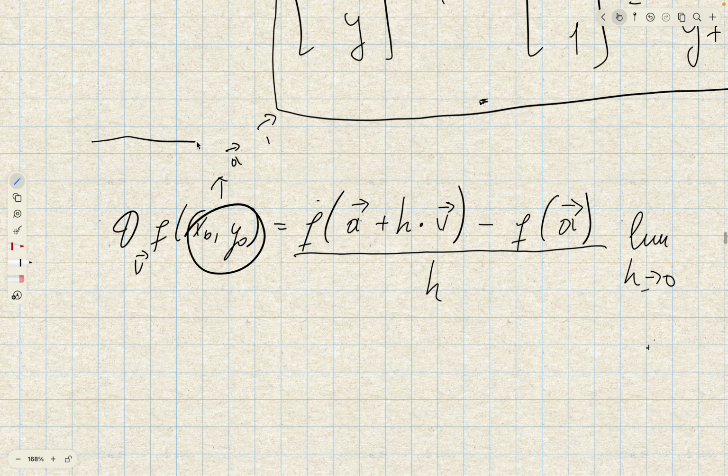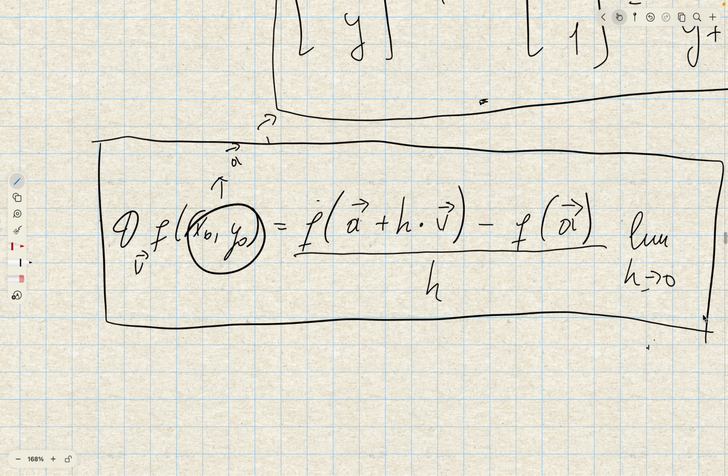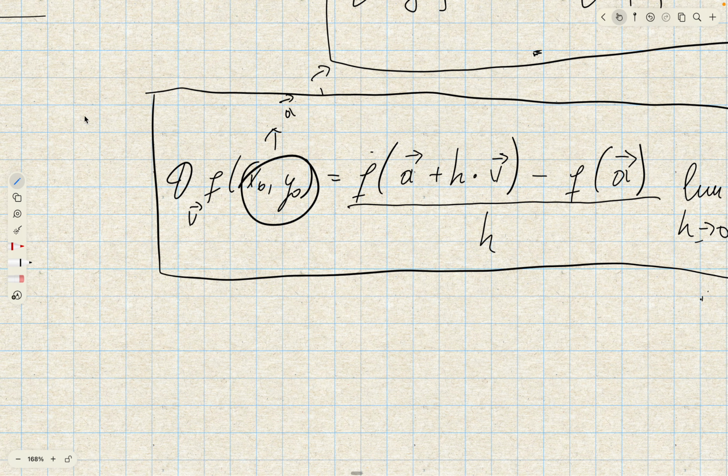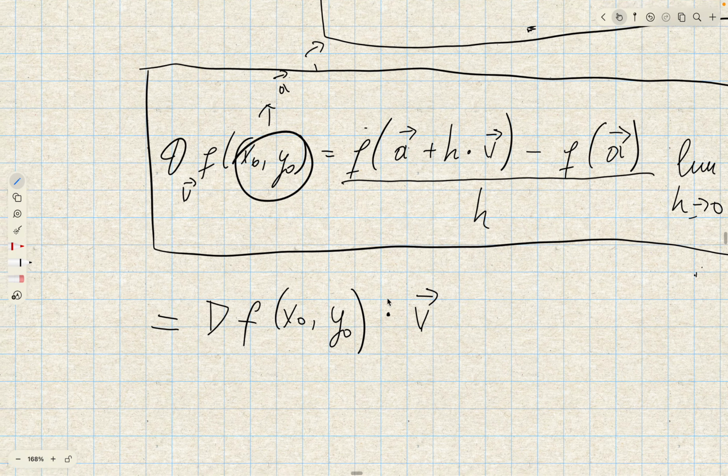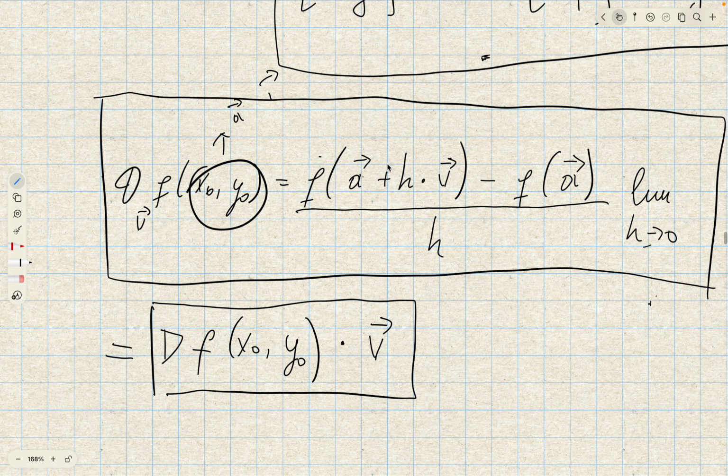Yeah, this is the formula. And this equals the gradient of f at this point multiplied by that vector. This simply equals this. And in the next video, we will actually prove that this is the same as this. In the next video, we will prove that.